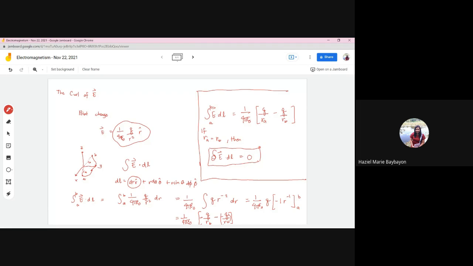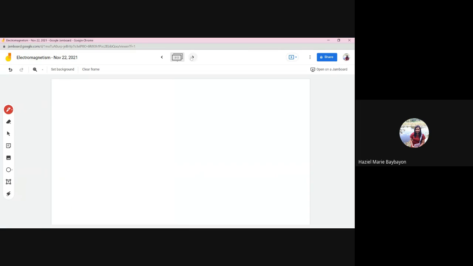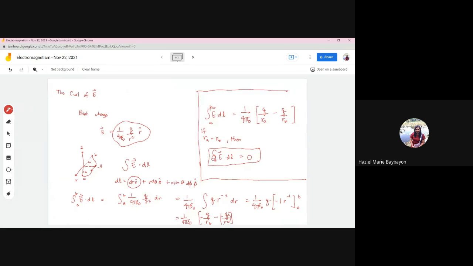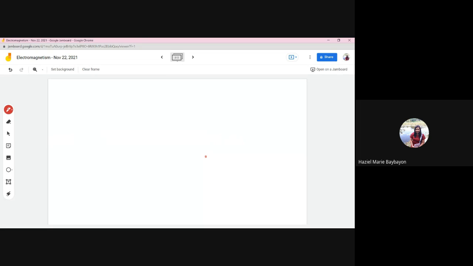And then we apply Stokes' theorem. So the closed line integral of E dot dl is equal to 0 if the integration is closed. If r sub A is equal to r sub B, then your E dot dl is equal to 0. So applying Stokes' theorem, recall Stokes' theorem. Who can recall Stokes' theorem, class?